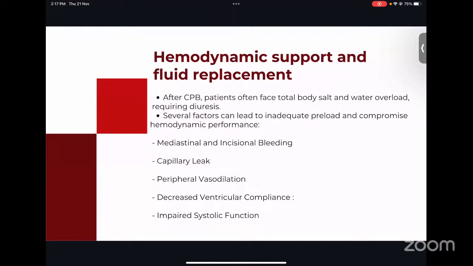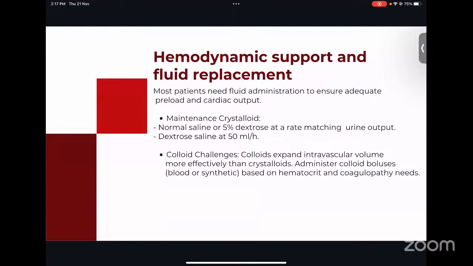can result in a higher filling pressure at lower intravascular volume. Impaired systolic function and transient myocardial depression may require increased preload to sustain stroke volume. Fluid replacement: most patients will require fluid administration to ensure adequate preload and cardiac output.